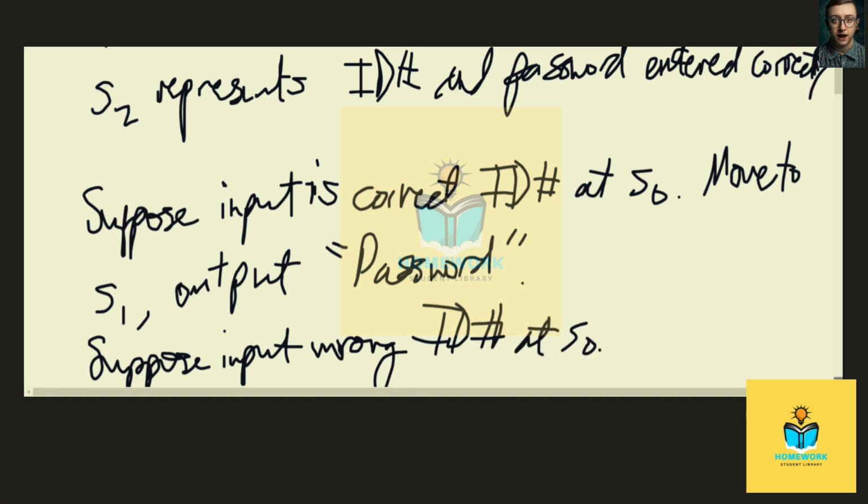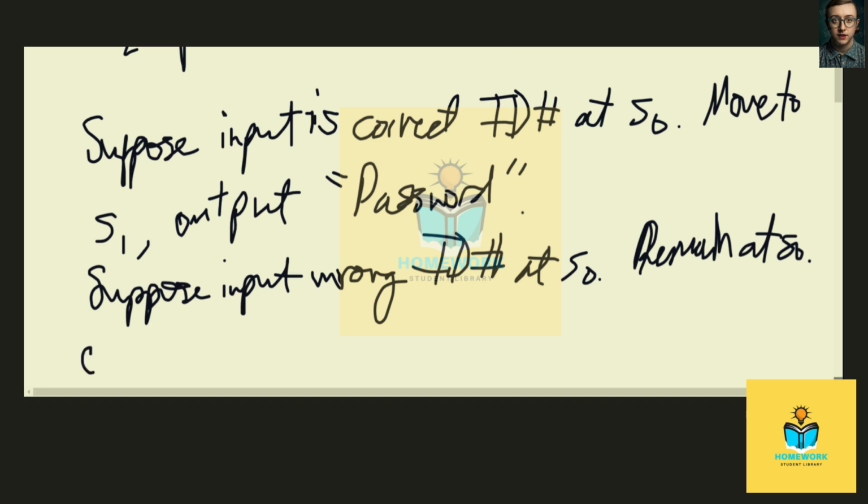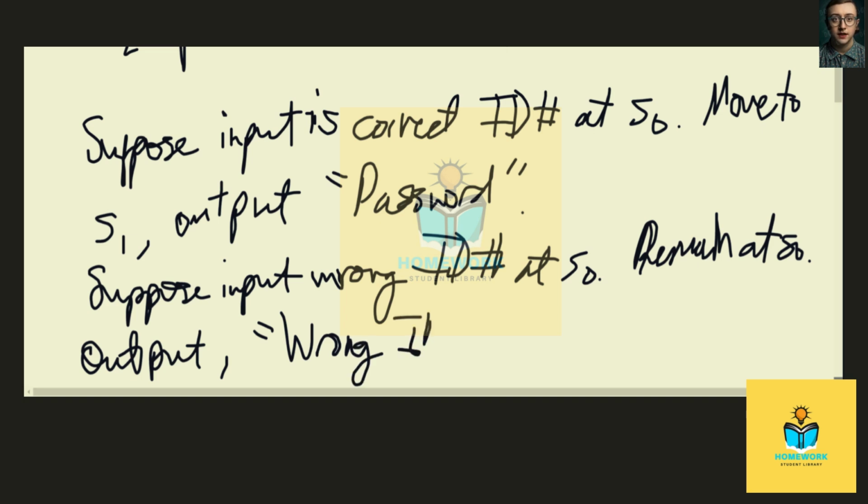Then we're going to remain at S0 and we're going to output the message wrong ID number, try again. For example, you could do another message if you wanted, but it should have that gist.